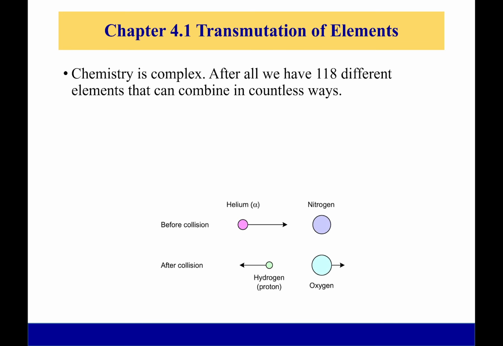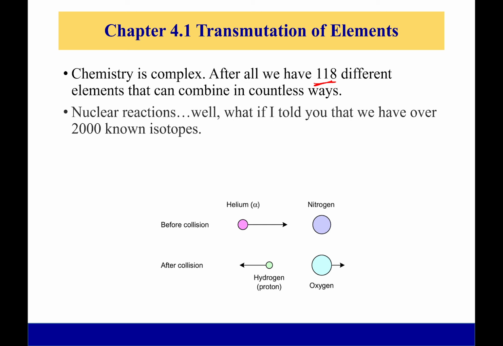Now, chemistry is complex. If you take chemistry or organic chemistry, you realize that, because there are 118 different elements, at least, and we can combine them in countless ways. Nuclear chemistry is, sadly, even more complex. Why? Because we have 2,000 known isotopes, which means there are even more ways we can combine them.